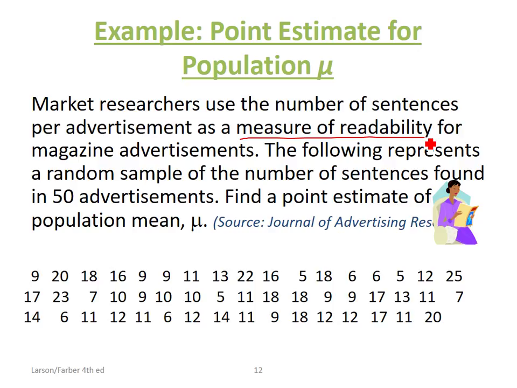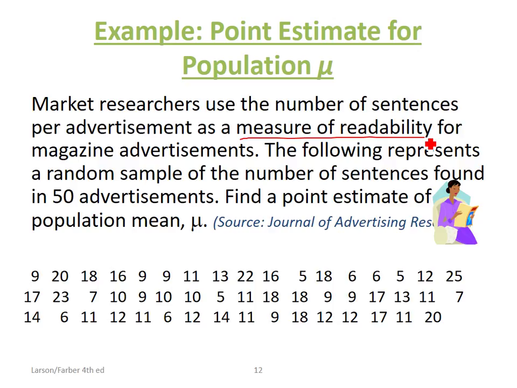It'll get read by people who are very interested in that one certain topic, and everybody else is going to skip over it. So they're measuring this and saying, okay, we want to keep it within a certain number of sentences so that somebody will actually read it.